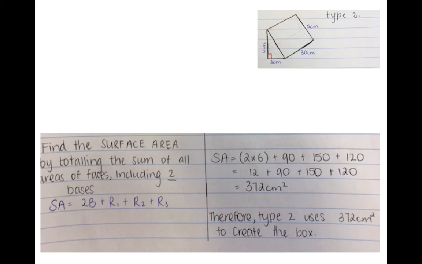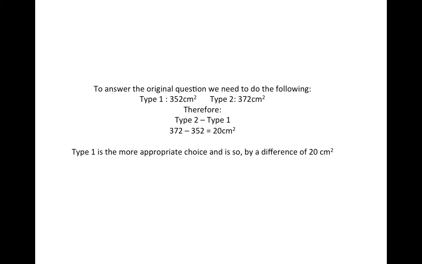That should all be seen in the thinking area, and in the working out area we should see all our totals there. We come to a 372 total. Therefore, you can see that type 1 will be the better option of the 2, as it uses 20 centimetres less cardboard and will be the best option for the new design.